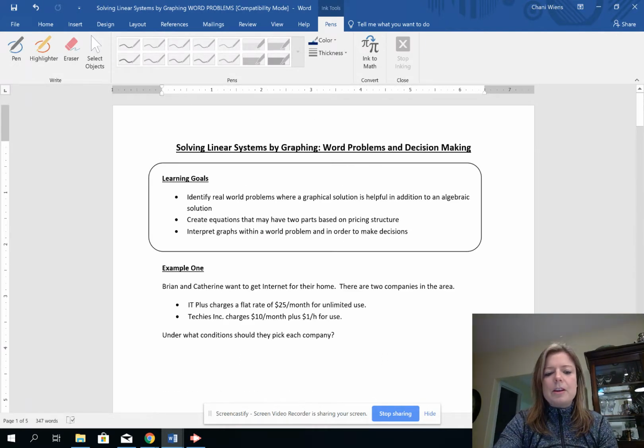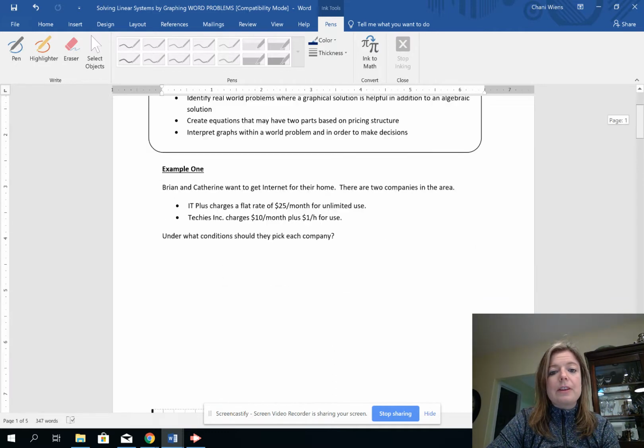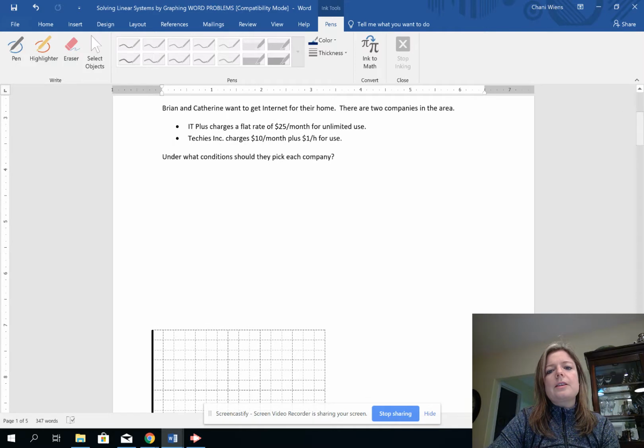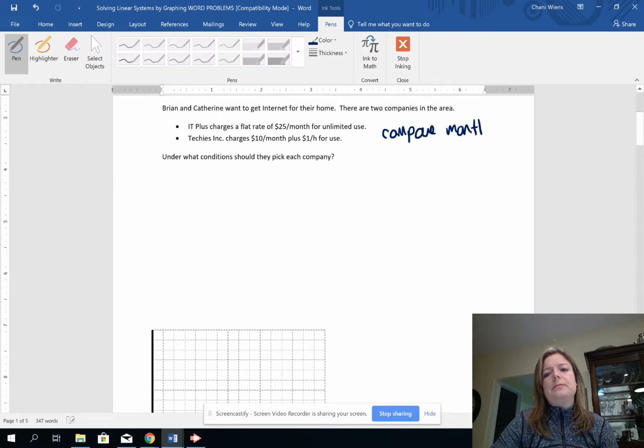Something I want you to make sure you understand is that we are actually comparing the monthly cost here. So the number of months is not a variable because you're comparing how much they would spend in a given month. Therefore, month is not a variable.